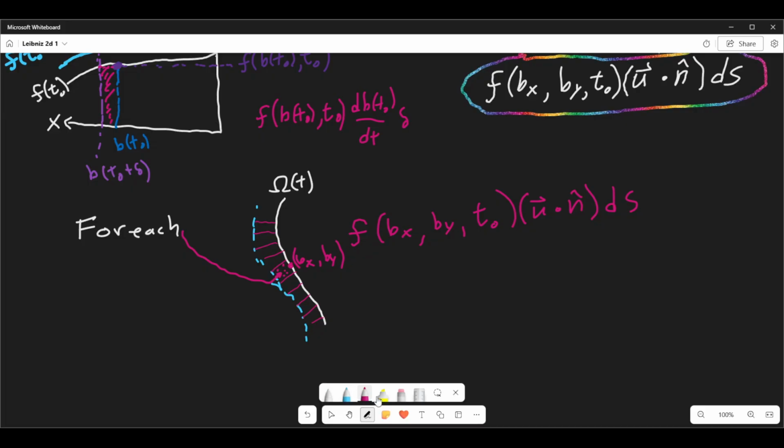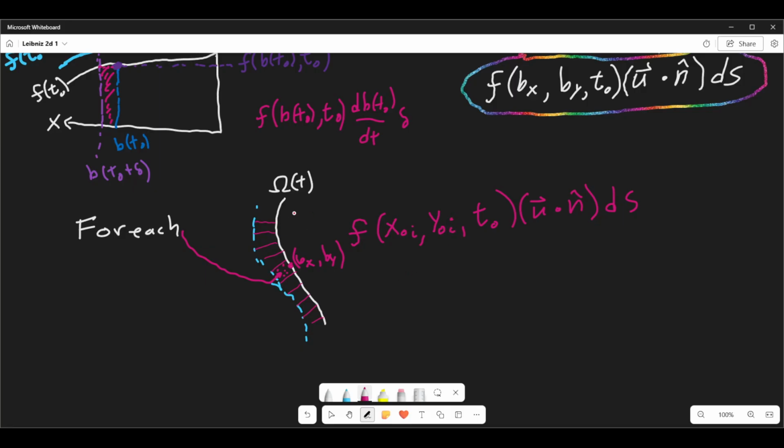So another way of writing this is to write out explicitly what bx and by are. Right now I'm going to keep it as bx and by. So another way of writing this could be considered to be x naught i and y naught i.